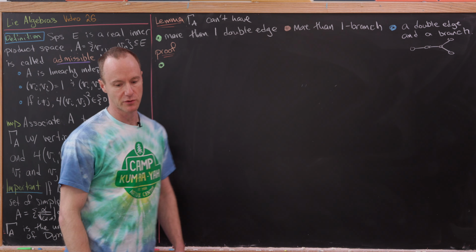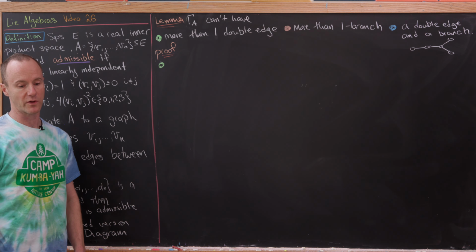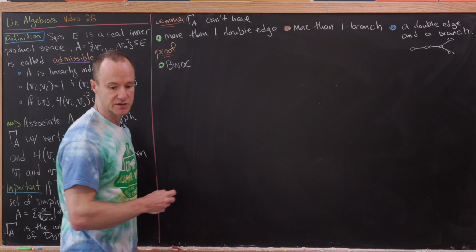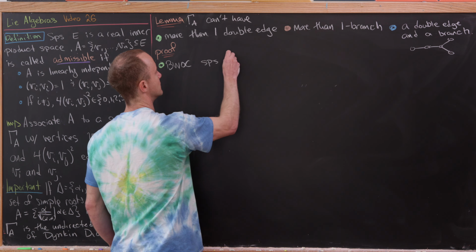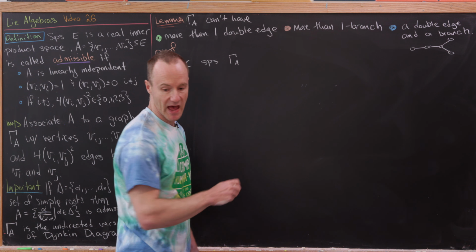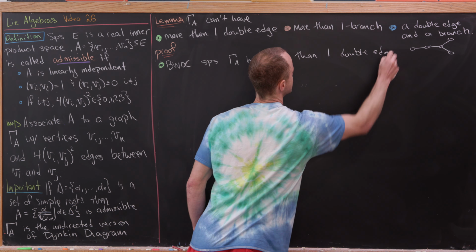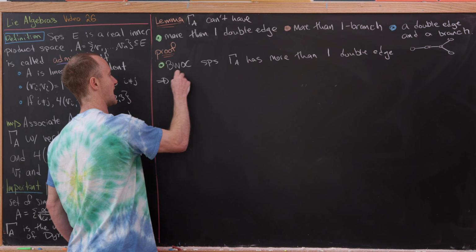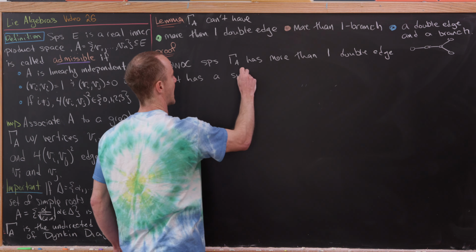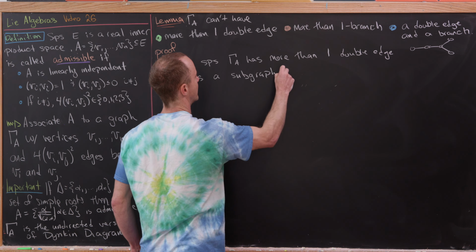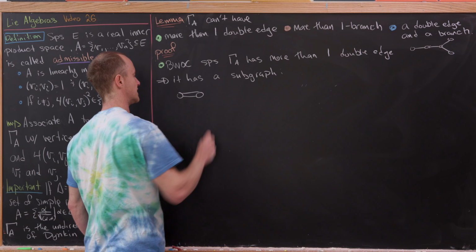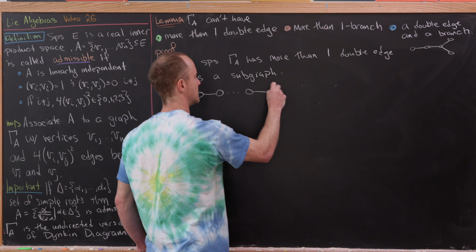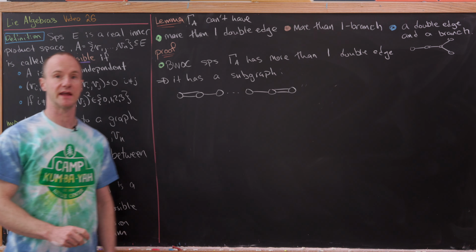Okay, so let's prove this impossibility of more than one double edge first, and we'll do this by way of contradiction. So by way of contradiction, suppose that gamma of A has more than one double edge. What does that mean? That means it has a subgraph of the following form. We'll put one of the double edges at the extreme left-hand side, then we'll put the other double edge at the extreme right-hand side.